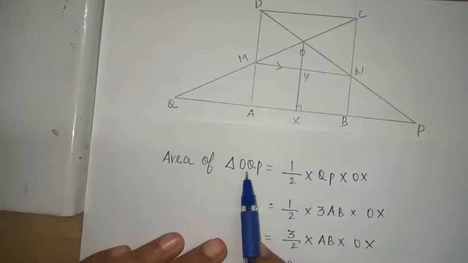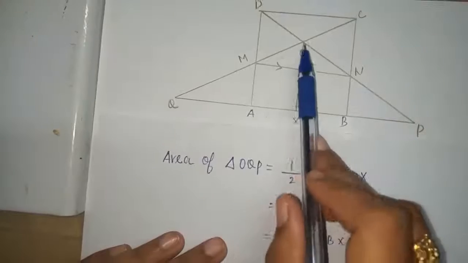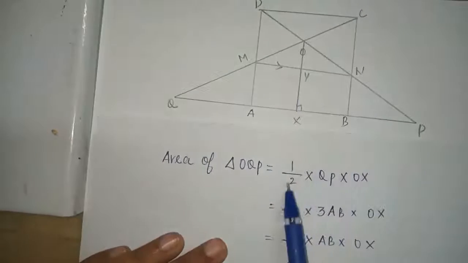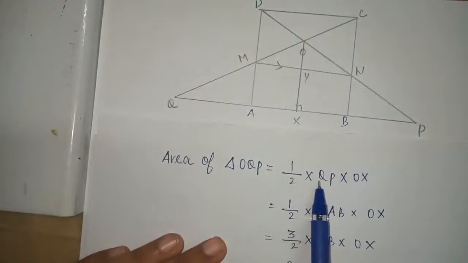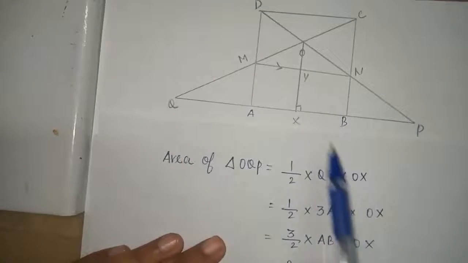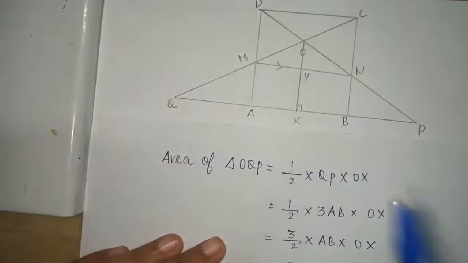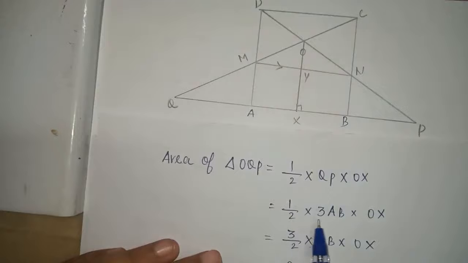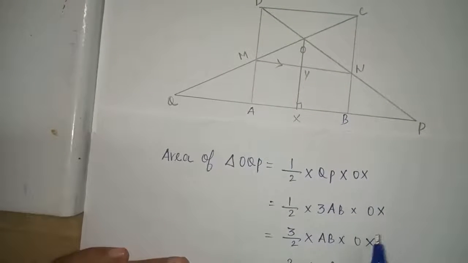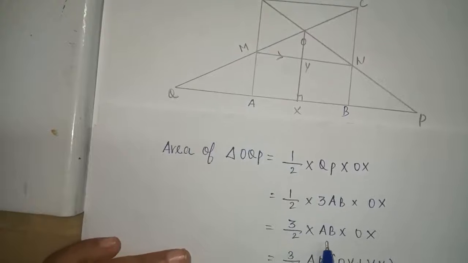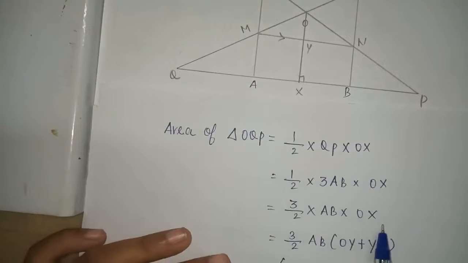Therefore, area of a triangle OQP. So area of a triangle OPQ is equal to half into QP into OX. So base into height. So which is equal to 1 by 2 into, now we find QP is nothing but 3 times of AB into OX, which is equal to 3 by 2 into AB into OX.